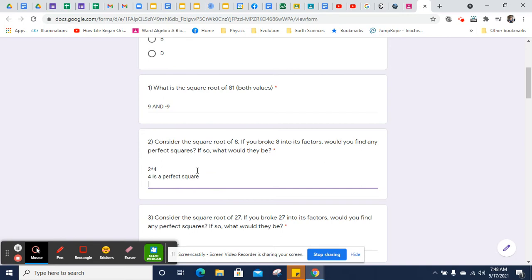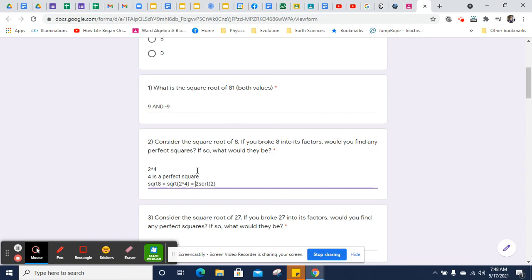Furthermore, the square root of 8 would equal the square root of 2 times 4. And you can get the square root of 4. So you can pull that out of the square root, and it'll be 2 square root of what's left, which is 2. 2 gets left in the square root jail.